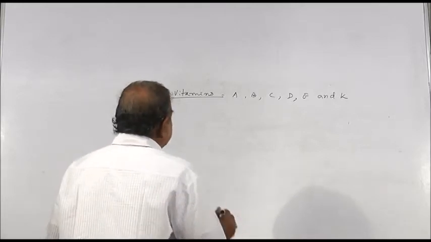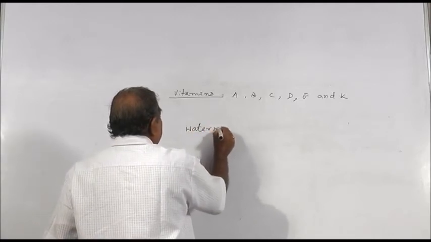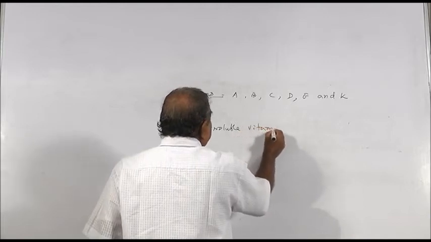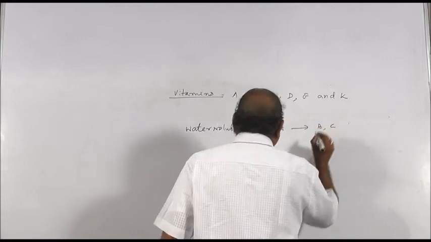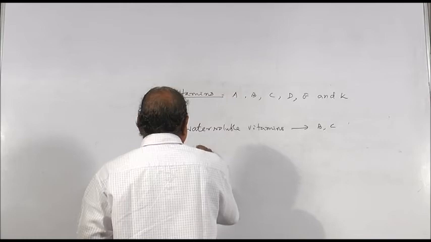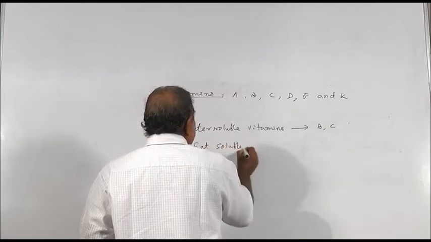Now these are two types. One is water soluble vitamins. Under this head comes vitamin B and C. And the second one is fat soluble, dissolved in fats.